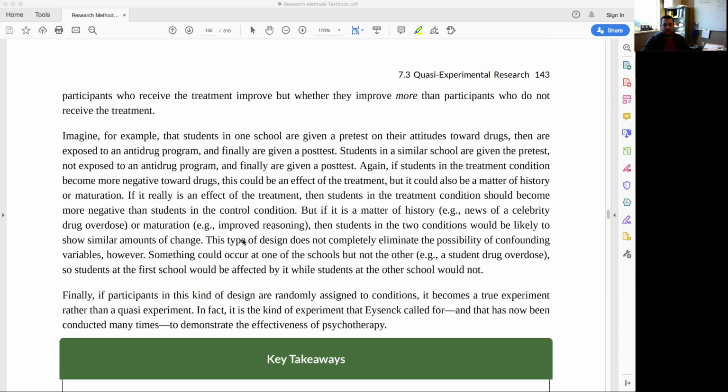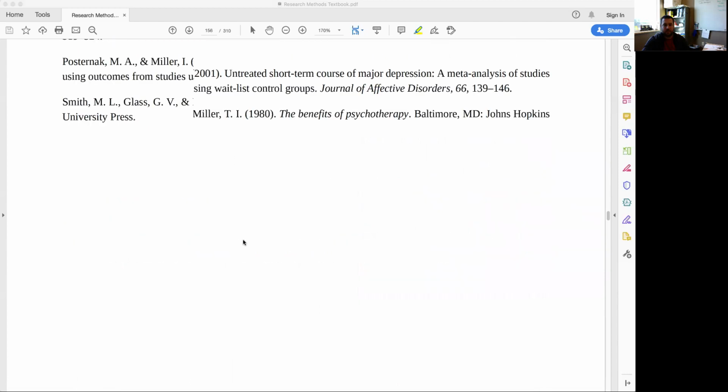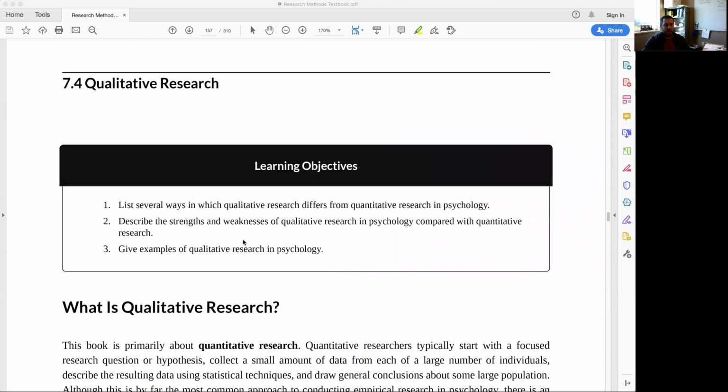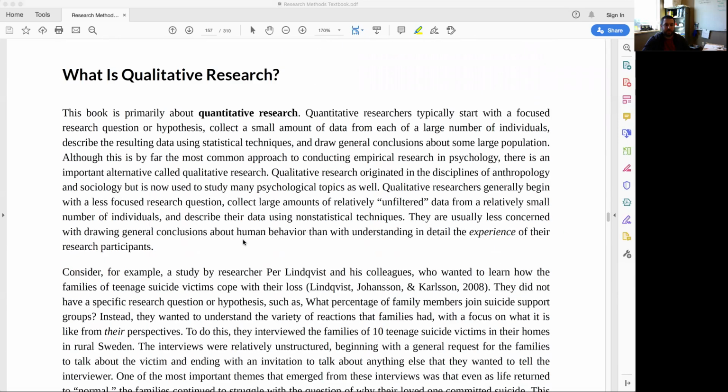And then last bit, qualitative research. So your textbook goes over the fact that it primarily talks about quantitative research, and I will say that is my field as well. I have never done a full-on qualitative study.